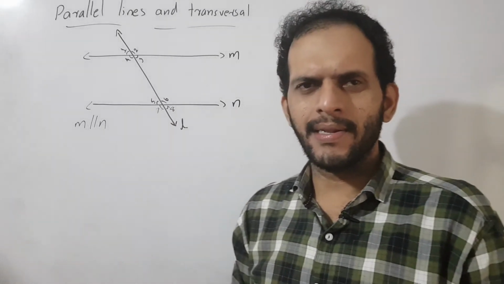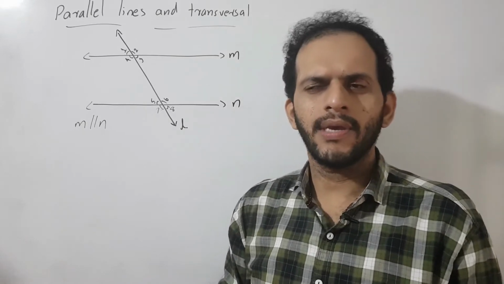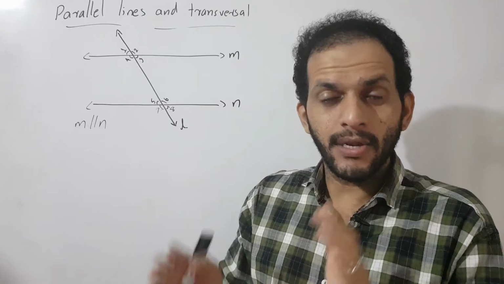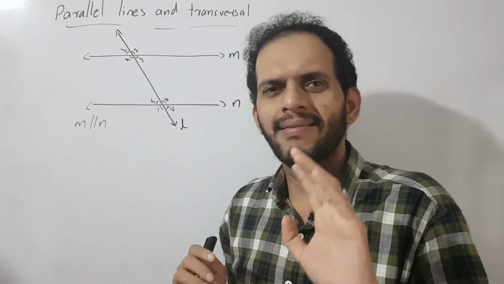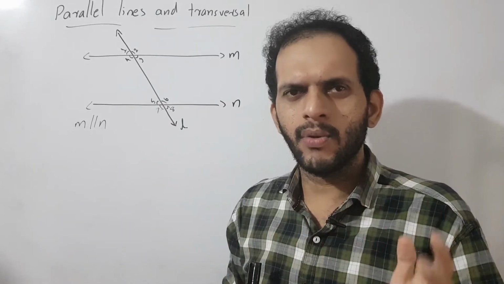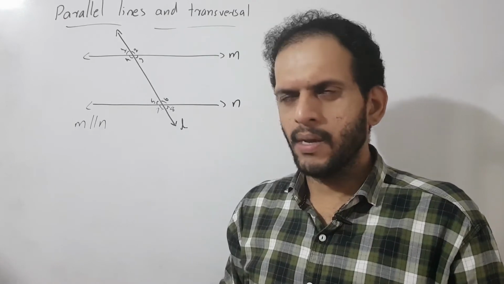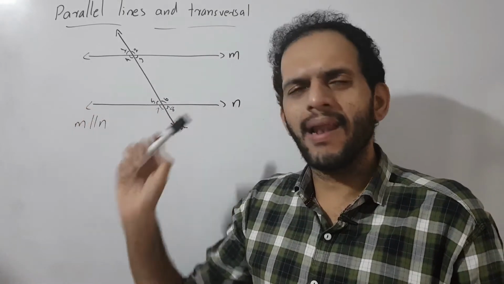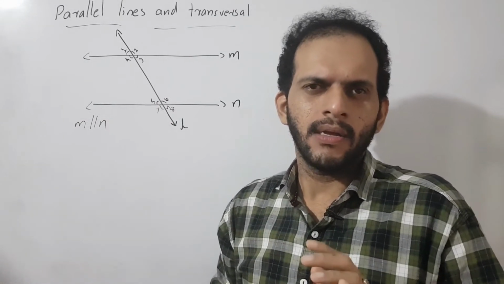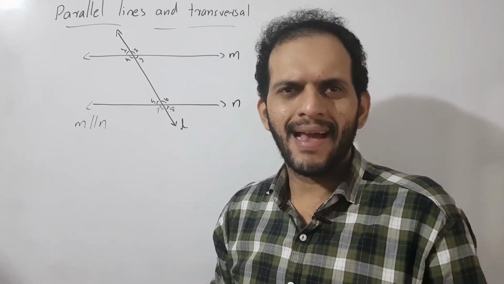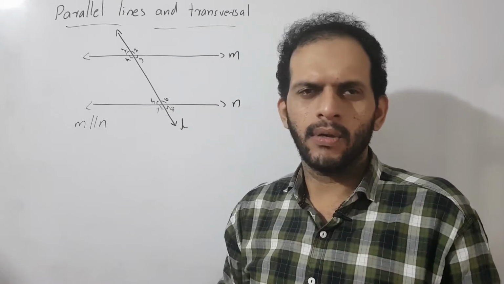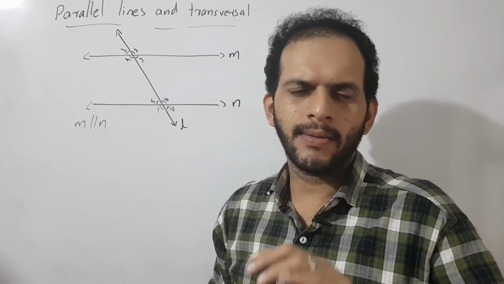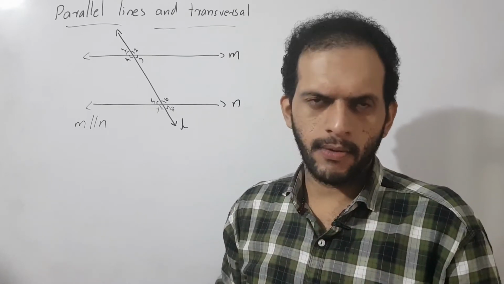If a transversal intersects any two lines there are 8 angles with the same names, but when it intersects two parallel lines, those angles have some specialities and satisfy some properties.